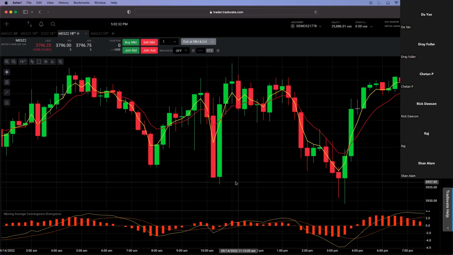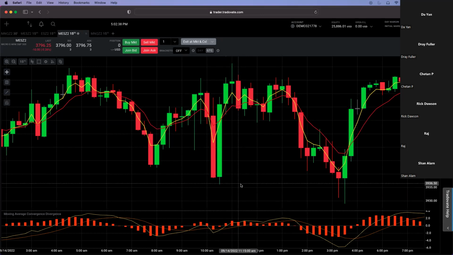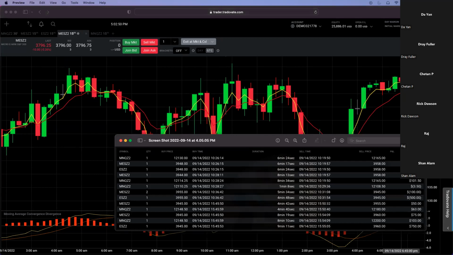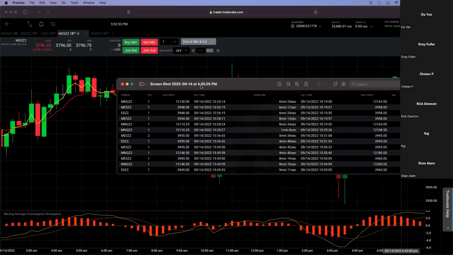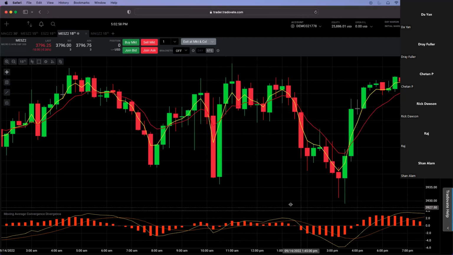The support was 39.35, I think, but it did not go that far; it stopped somewhere here. I was very sure that it's going down, so I went early on the trade and made some money, but generally we can avoid that. And the next one was what?